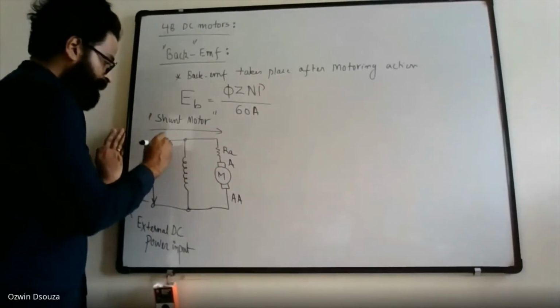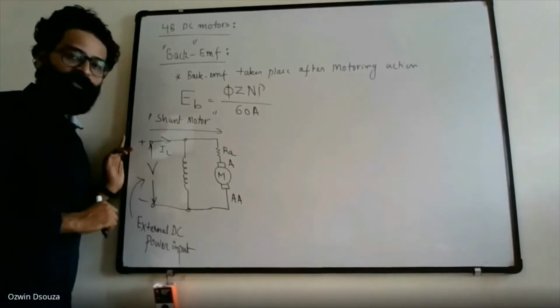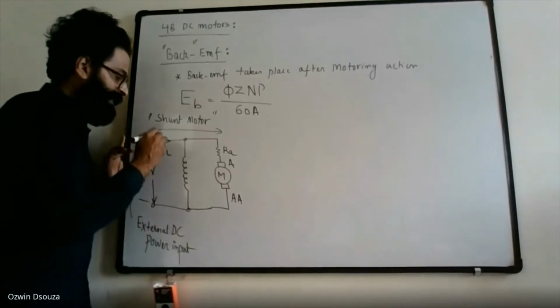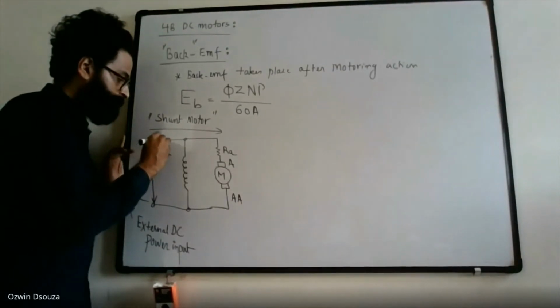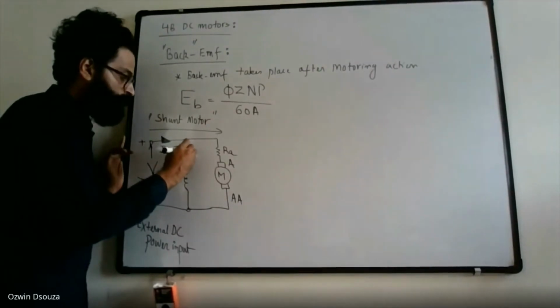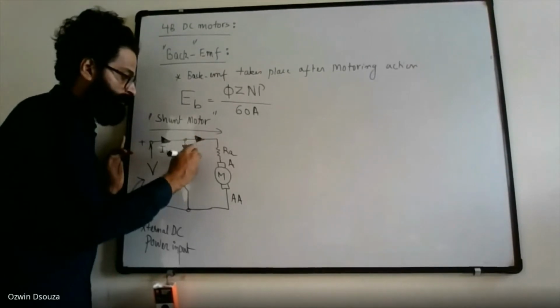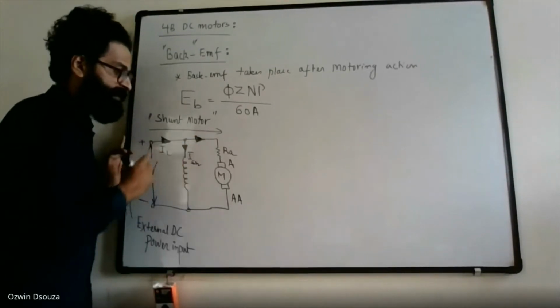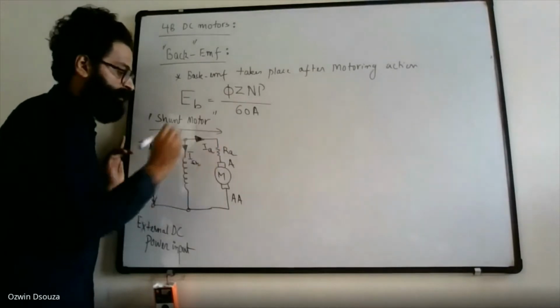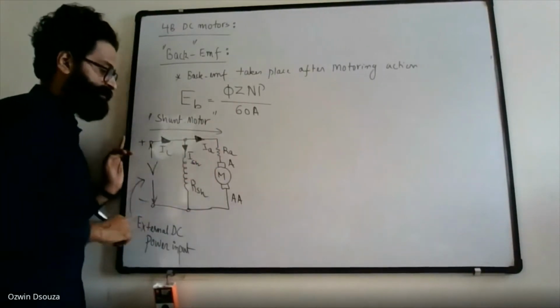So this will be my load current, or line current. So this line current is going to get divided into two parts. The field part, Ish, and the armature part, Ia, right? So let's say Rsh is resistance of the field.